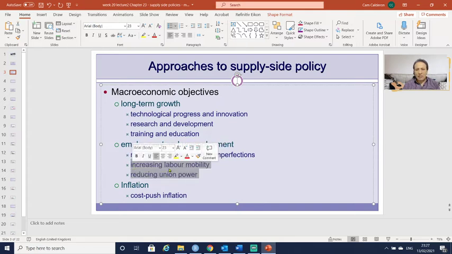We have strategies, for instance, to increase labor mobility. It's not just about generating ways for labor to commute or to use different means of transport. It's more about the fact that we want our labor to be able to change roles in their jobs, and to be more able to take on different roles.